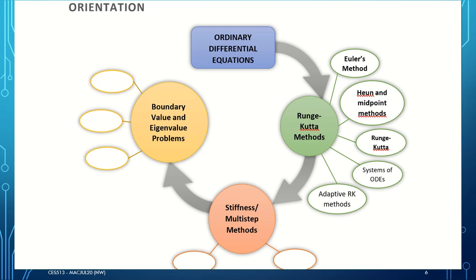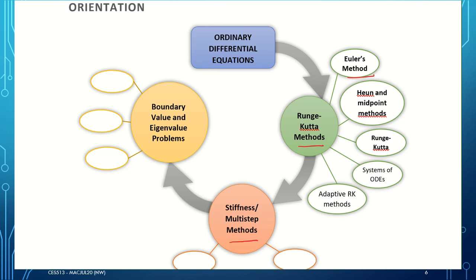The figure here provides an overview of the numerical methods for solving ordinary differential equation problems. There are two broad categories dealing with initial value problems, that is Runge-Kutta methods and multi-step methods. Our topic will begin with Euler's method, which has a very straightforward graphical interpretation.